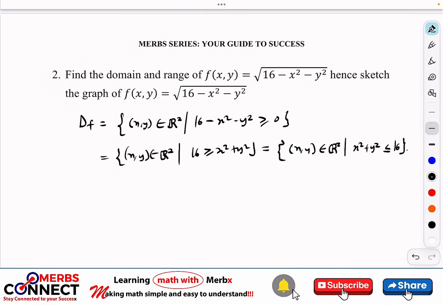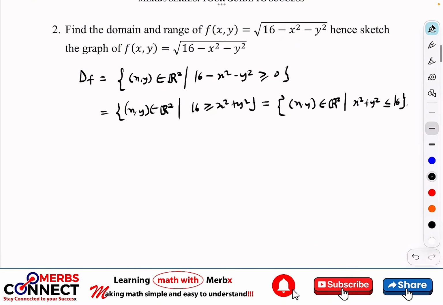Good. So this is what you are going to get for the domain. So let me write another step here. (x, y) belonging to R2, given that x squared plus y squared is less than or equal to 16, which is the same as 4 to the power 2.